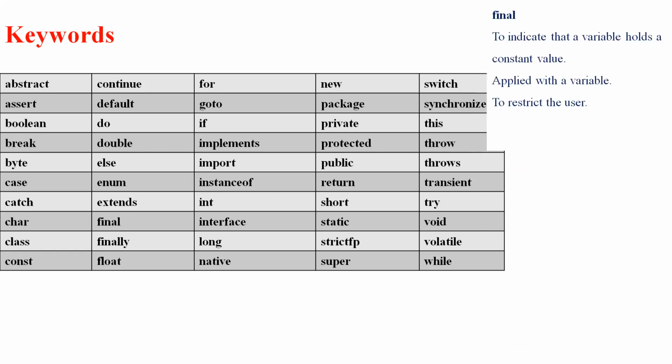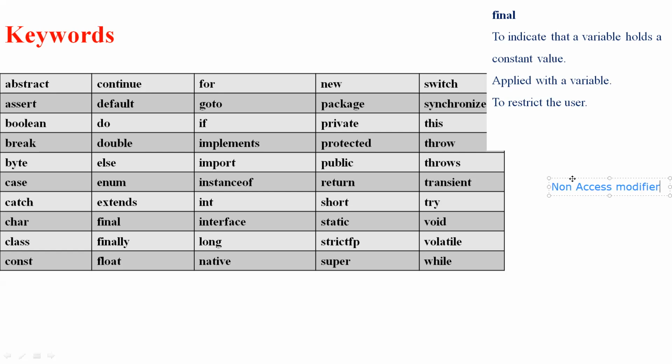So next we have final. This final is called a non-access modifier, which is used for classes, attributes, and methods, which makes them non-changeable.